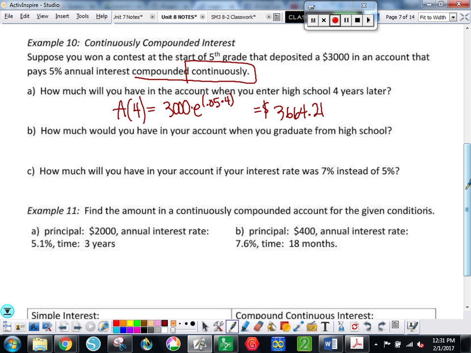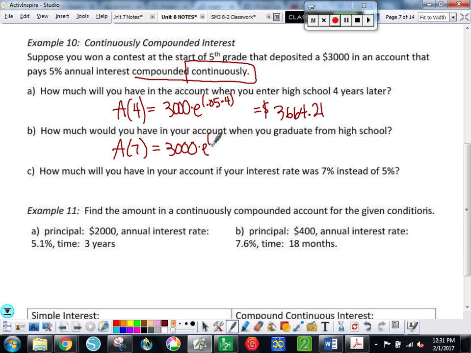How much would you have in your account when you graduated from high school? So when was this? At the start of the 5th grade. So 5th to 6th, right? 7, 8, 9, 10, 11, 12. How many years is that? 7. Are you okay with that? By the way, did everybody get this 3,664?